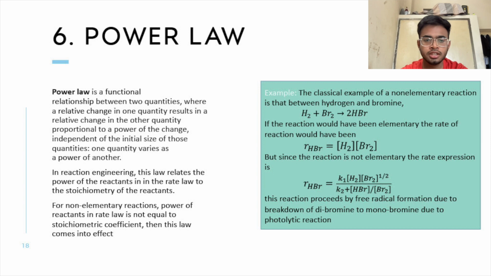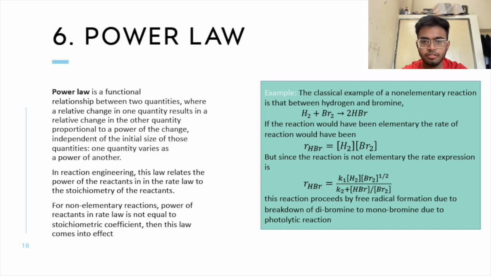In reaction engineering, this law relates the powers of reactants in the rate law to the stoichiometry of reactants. For a non-elementary reaction, the power of the reactants in the rate law is not equal to the stoichiometric coefficient. Then this law comes into effect. A classical example of a non-elementary reaction is the reaction of hydrogen and bromine to produce 2 moles of hydrogen bromide gas.